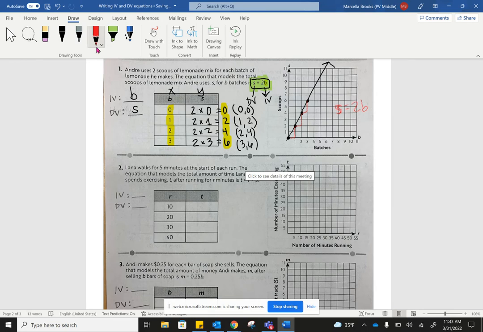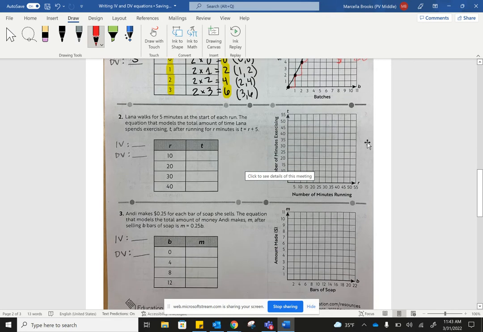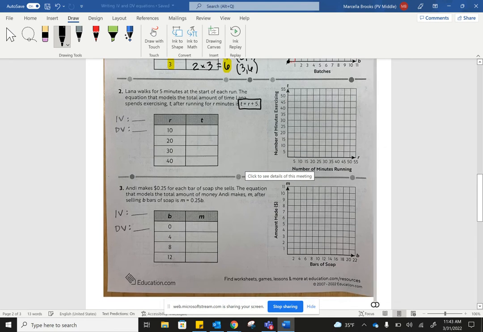Okay, so for the next one, again, you should have already drawn a little box around your equation and identified your independent and dependent variable. Remember, your independent variable is going to be the one with the calculation, and your dependent variable is going to be the result of the calculation. So it's going to be on one side of the equal sign all by itself.